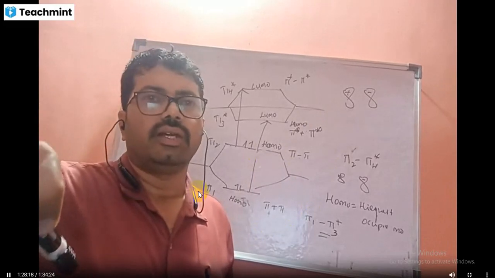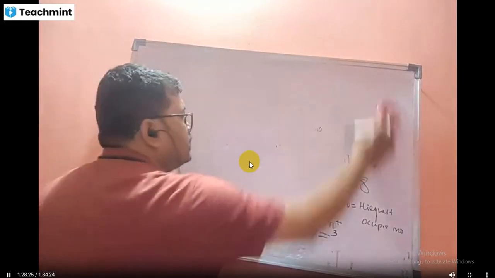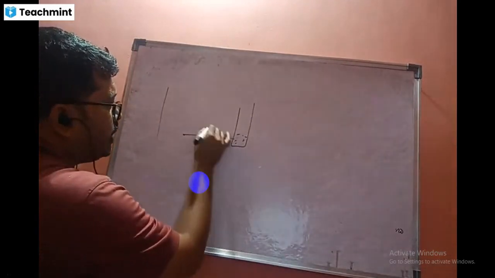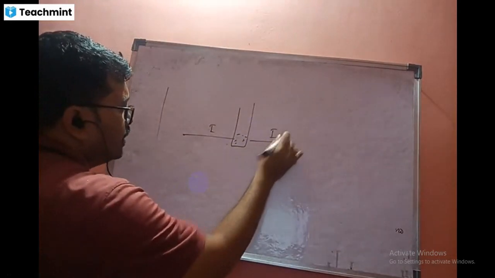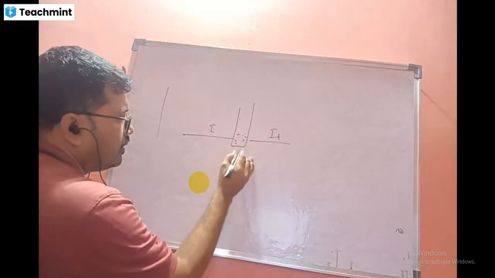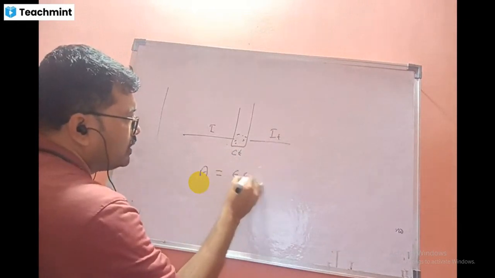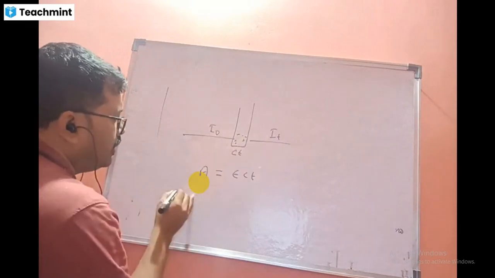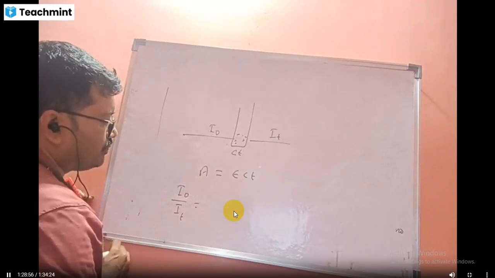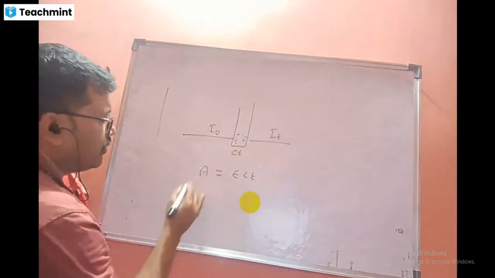In summary, for any organic compound we take a cuvette and pass light through it. This is the transmitted light. It mainly depends upon the concentration of the solution and the thickness of the cuvette, and absorption is directly proportional to the concentration and thickness. The ratio I naught by I T, incident by transmitted, varies exponentially.